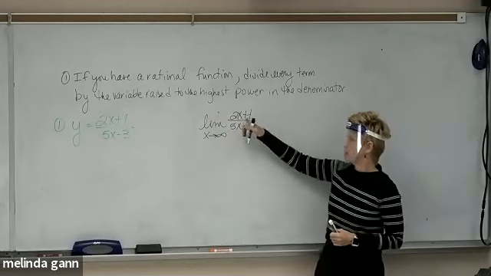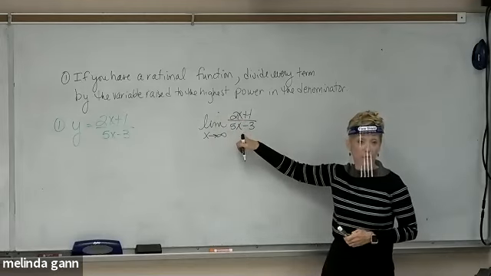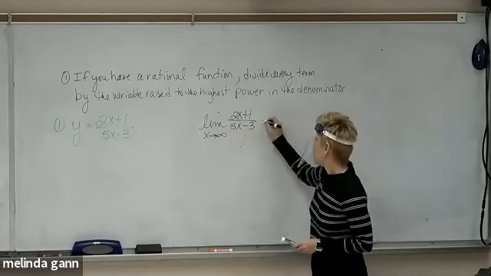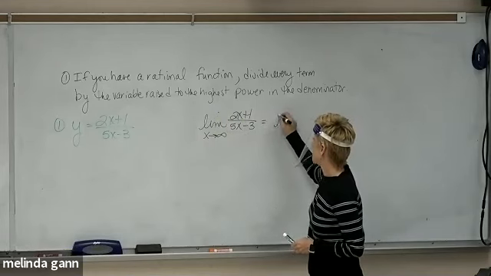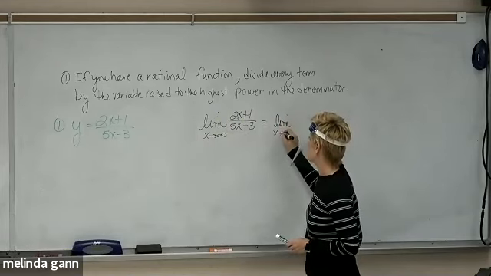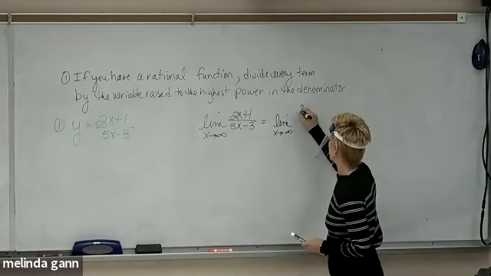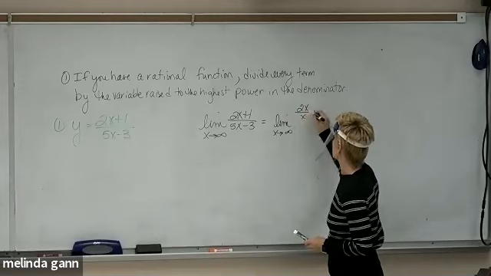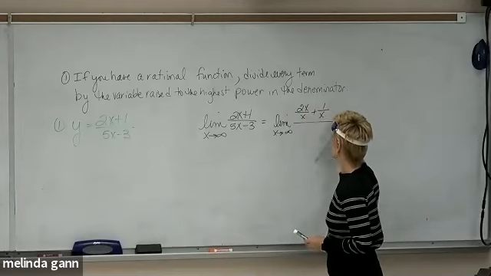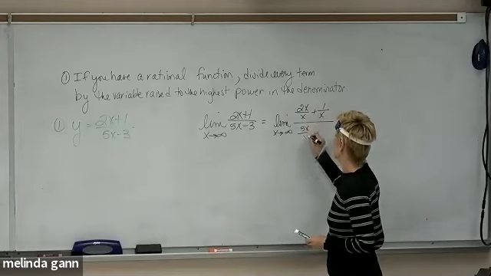So do we agree that that top's going to get bigger and bigger and that bottom's going to get bigger? All right, what's the highest power of x on the bottom that you have? X to the first. Then everything is going to get divided by x to the first.